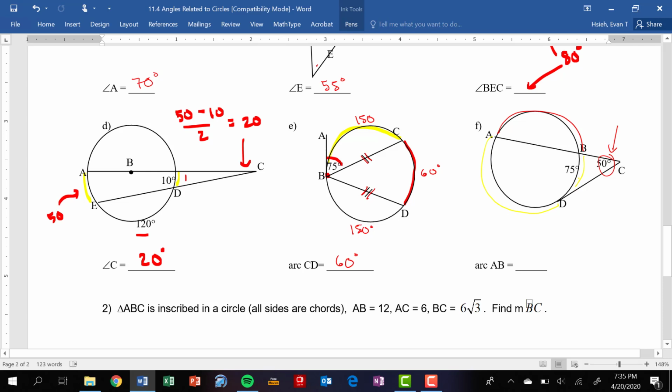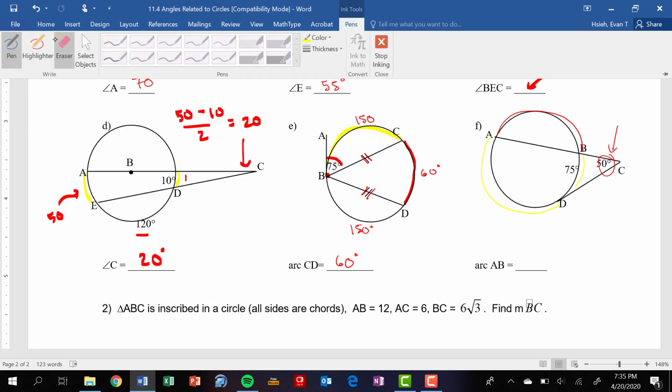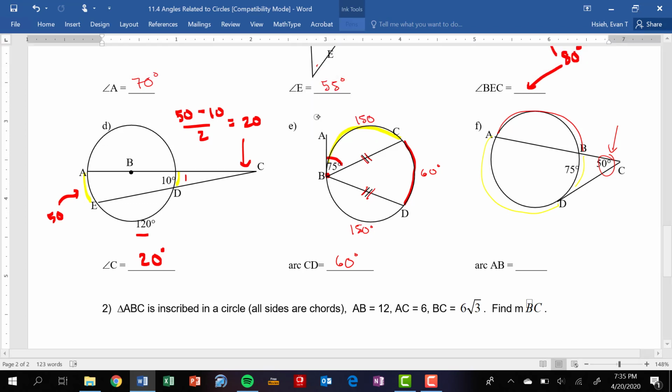And this is a little bit tougher, but I could just plug it into an equation. Let's call this x. So it's going to be x minus 75, divided by 2, half the difference of the yellow intercepted arcs, is equal to this one right here, 50 degrees.